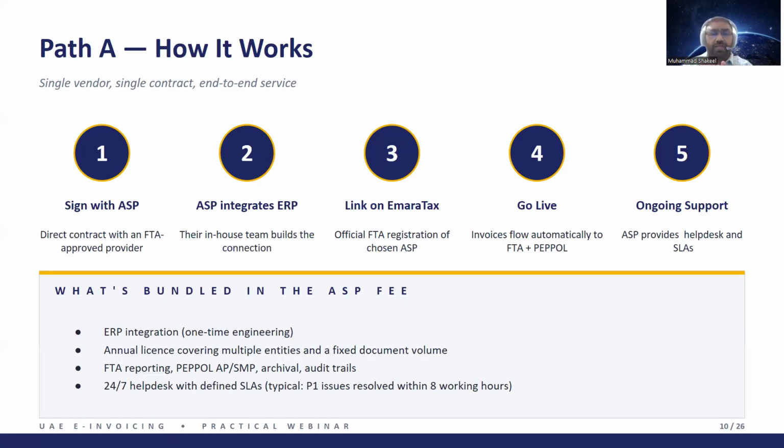The message should be in some format, that is called API. API is basically a programming network, a coding program. The ASP will come to you and make some coding in your system so that the message will be in the format which he requires.